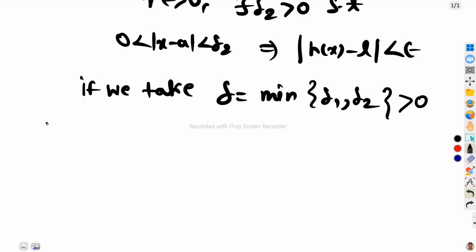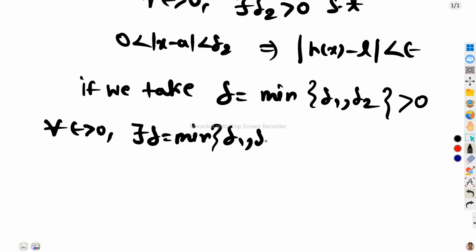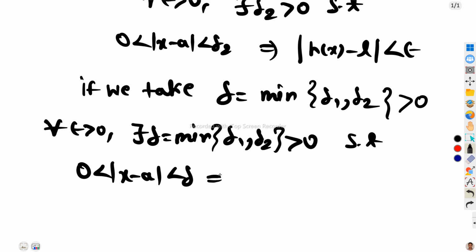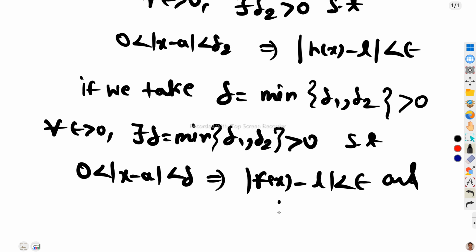So for every epsilon greater than 0, there exists delta equal to the minimum of delta 1 and delta 2, greater than 0, such that 0 less than mod of x minus a less than delta implies mod of f(x) minus L is less than epsilon, and mod of h(x) minus L is less than epsilon.